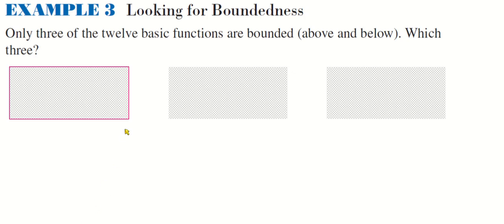Example 3. Only 3 of the 12 basic functions are bounded. Remember, if they just say bounded, it means it's bounded both above and below. Pause if you need to, because I'm probably going to be revealing these pretty quick here, so be quick to pause if you'd like to try these on your own first.